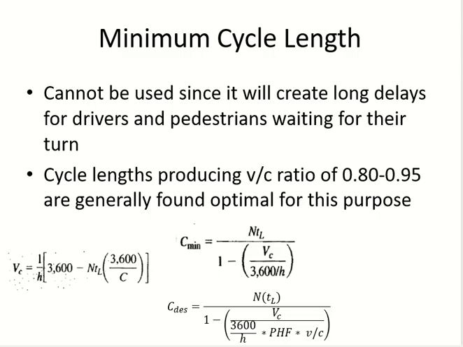We didn't cover the full signal design, but we can just have an idea about it, that we can change these things within the desirable cycle length equation, and you can see what happens. Some of the things you cannot change, for example H, saturation headway. It depends upon driver behavior. Minimum headway.